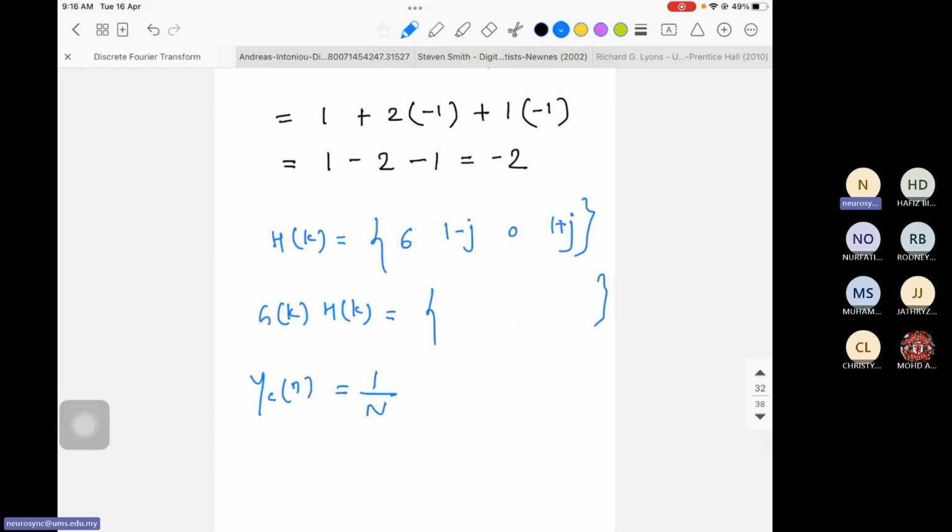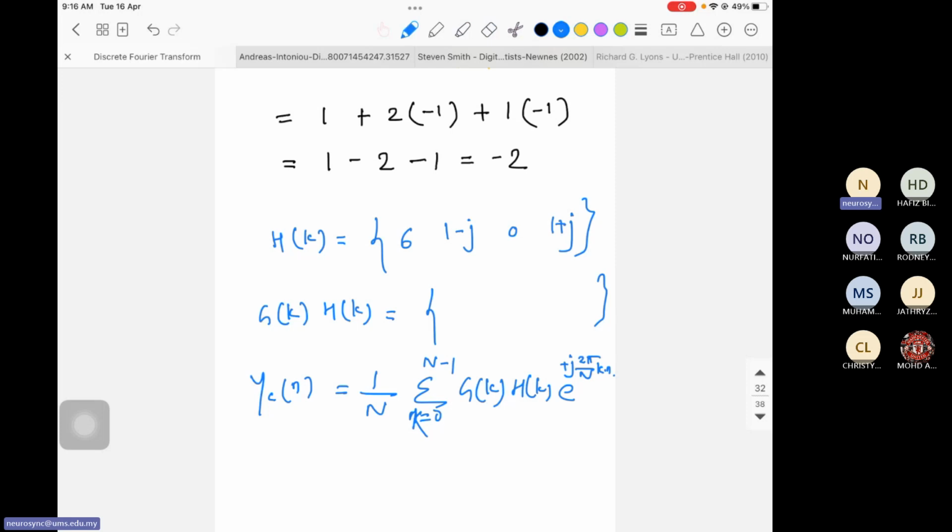Okay, so this is 1 by n summation n equal to 0 to n minus 1. So instead of n, I will write k here. So g of k, h of k, e to the power plus j 2 pi by n, k into n, like this. Okay.